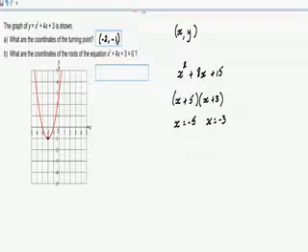Now these are what we call the roots. Okay, these are the solutions, and we call them the roots.